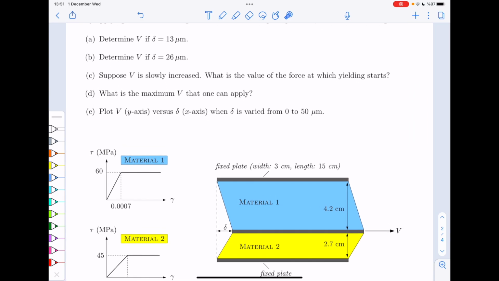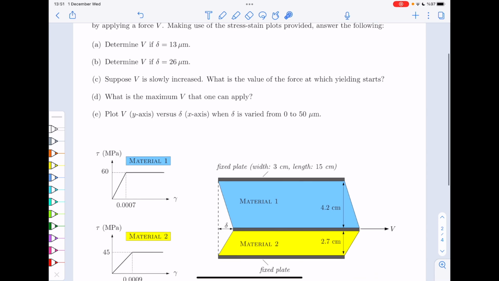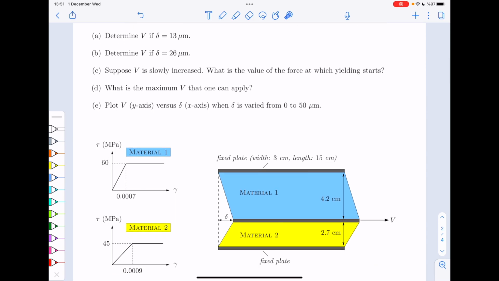I'm gonna enlarge it a little more. Does that make sense? Okay, so determine V if delta is 13 micrometers. What should we do? We need to compute shear strain for each of these materials.